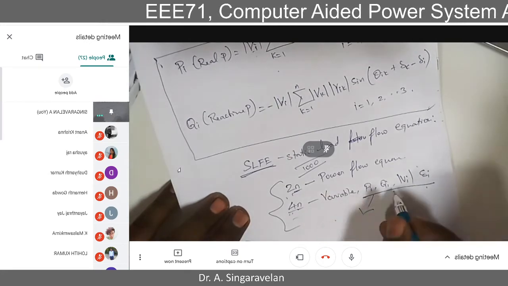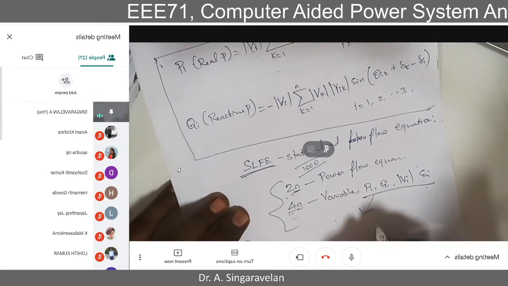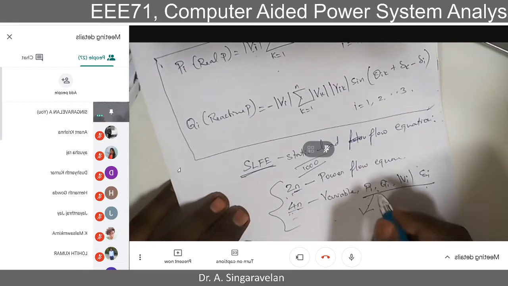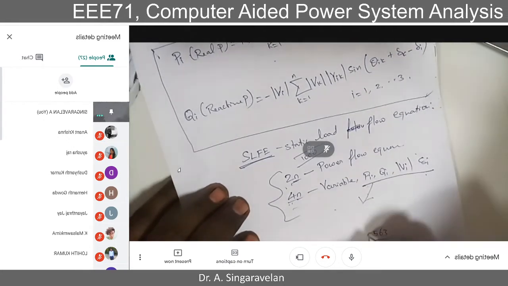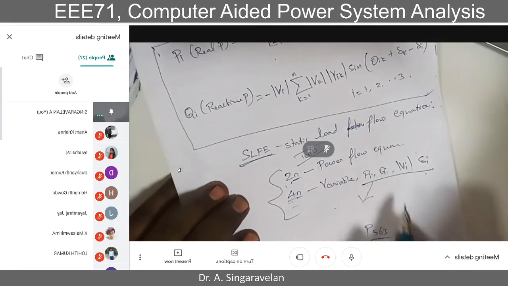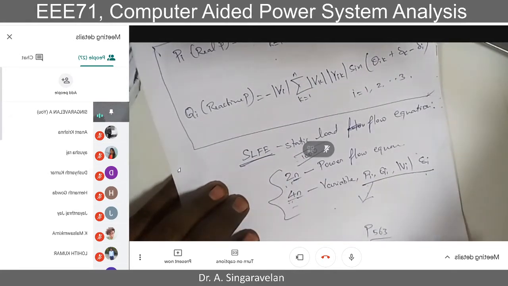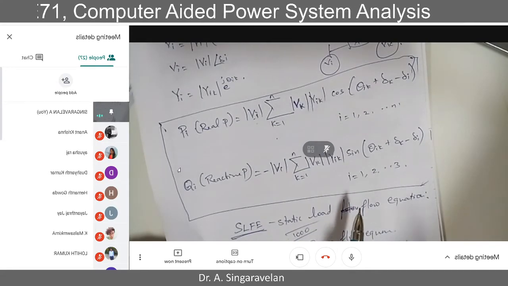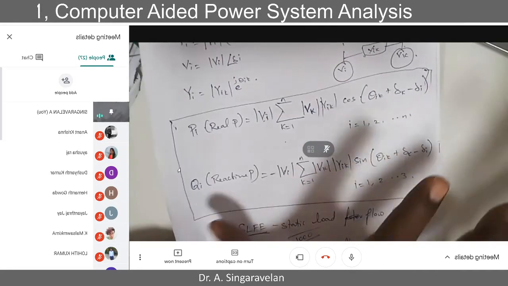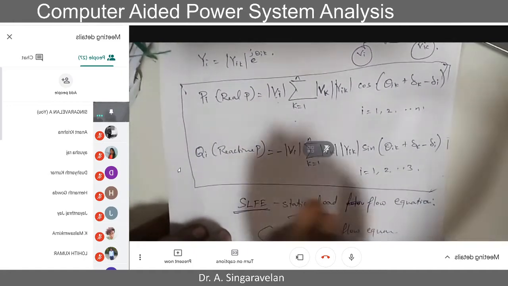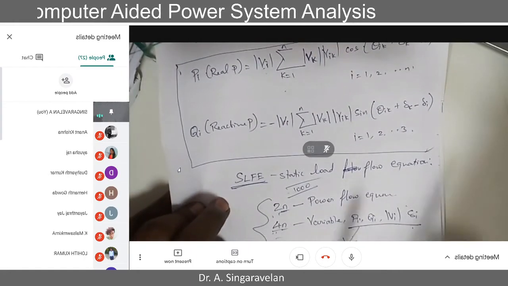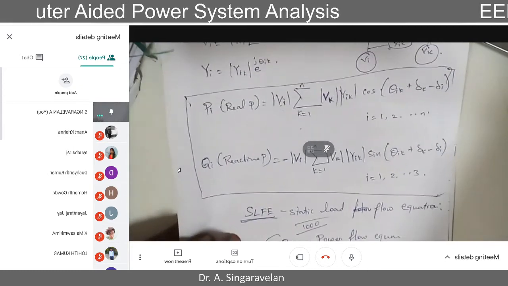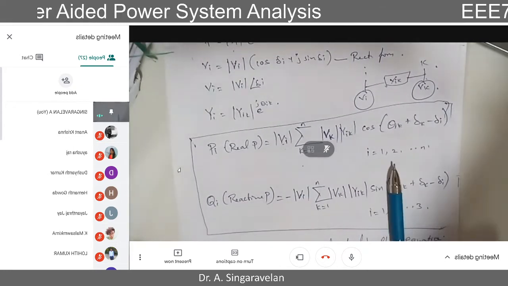For example, if I need the real power of bus 563 in a 1000 bus system, I will get exactly P563 if you solve this. Do you understand what I am trying to tell? For a 1000 bus system, if you want a particular element of Pi, Qi, Vi or delta, I can get all these four values by solving this.